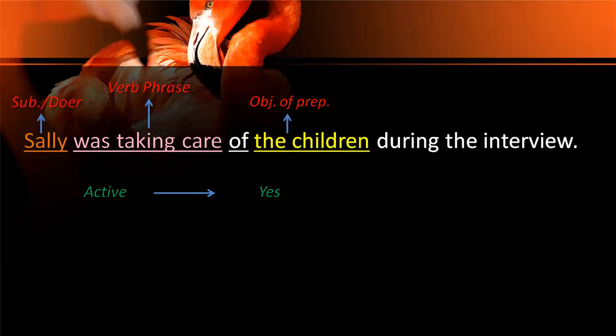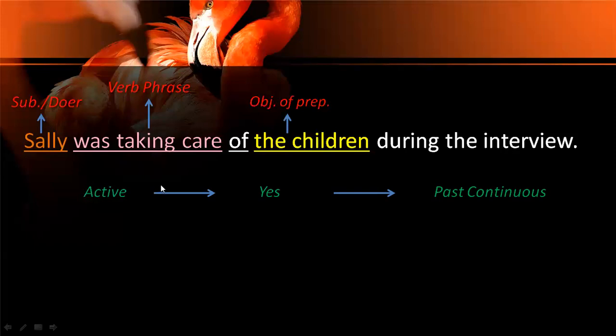Okay. Now, before we move to changing it into passive, we need to decide the tense of the sentence. Was taking care. What tense is this? Apparently, it is a past continuous tense. Was, verb to be, and the verb with ing, therefore it is a past continuous tense.